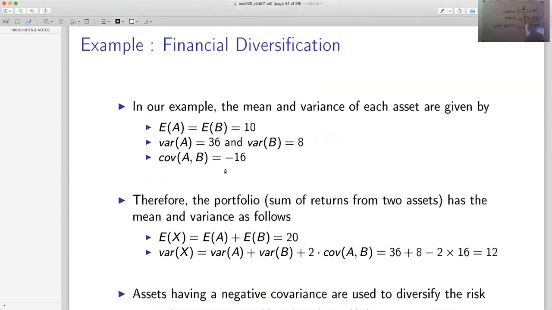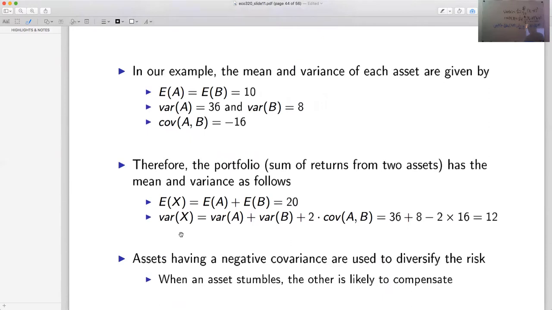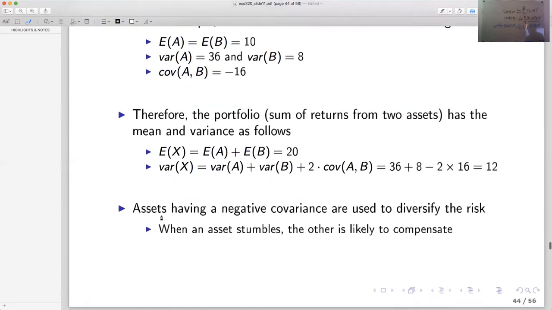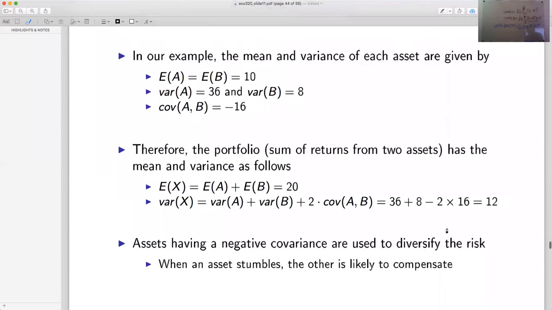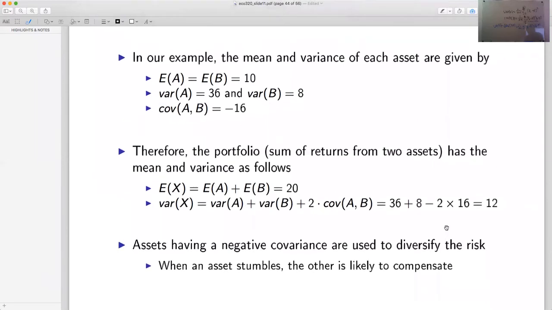Okay, so previously we got this one. If you are looking for the expected value of x and the variance of x, you can see the variance is like a 12. So using those formulas, assets having a negative covariance are used to diversify the risk. I don't know whether you have taken any risk asset management class or financial courses.